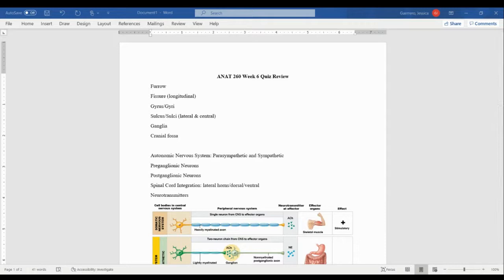The corpus callosum. Oh, I'm pretty sure I spelled that wrong. No, I did. Good.